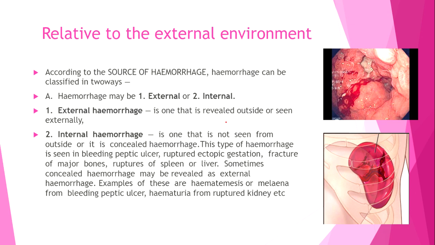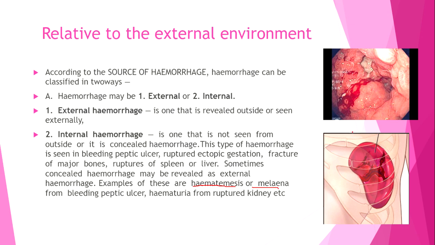This type of hemorrhage is seen in bleeding peptic ulcer, ruptured ectopic gestation, fracture of major bones, ruptures of spleen or liver. Sometimes concealed hemorrhage may be revealed as external hemorrhage. Examples of these are hematemesis or melena from bleeding peptic ulcer, hematuria from ruptured kidney, etc. About hematemesis or melena we will talk later.